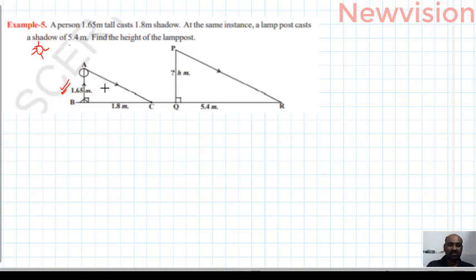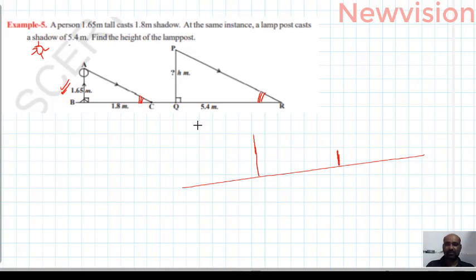The important thing is that these two angles become the same. Here 90 degrees, here 90 degrees. So these two angles are the same, and these two triangles are similar by AA similarity. I will show you on the diagram. This is the ground. Here is one person, this is one lamp post, this is another lamp post.